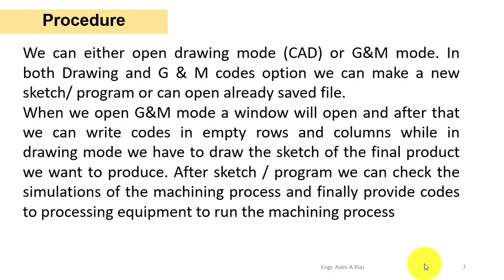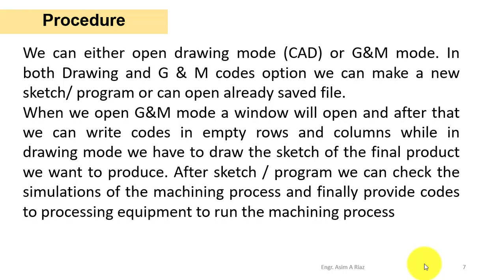So either we can go for a new CAD or G and M code sheet, or we can open the existing G and M codes file or the existing CAD file, and we can run that file for the simulation, and we can use the same file for the CAM activity.